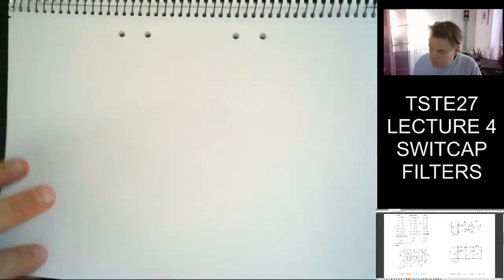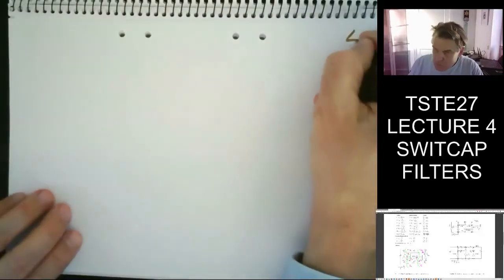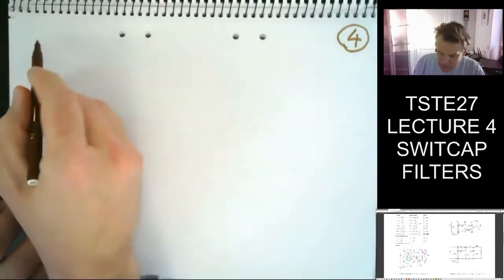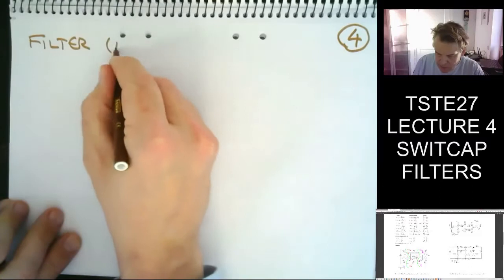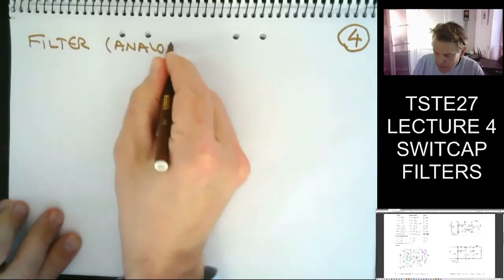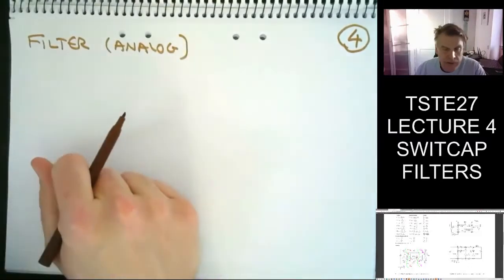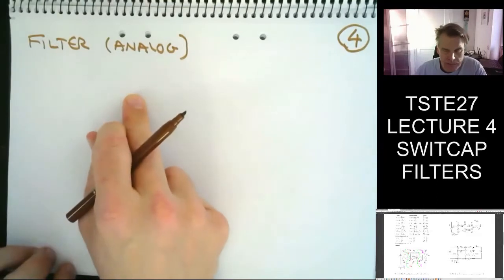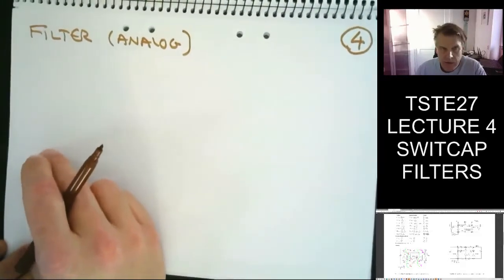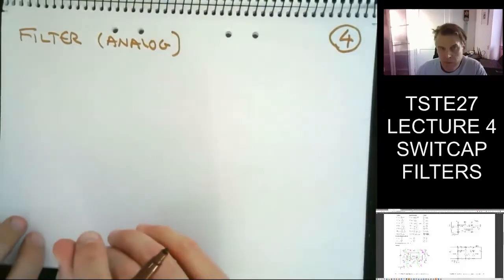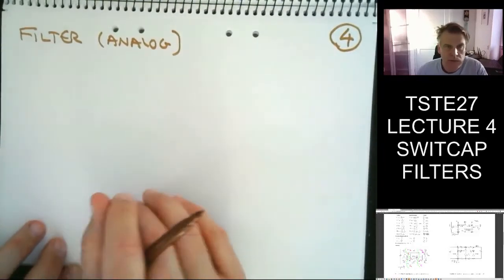Now we enter the world of filter design. So let's start with the basics. This is obviously analog filters first. And with analog, we mean continuous time and continuous amplitude. And then we're going to look at discrete time filters, which are continuous in amplitude, but discrete in time.